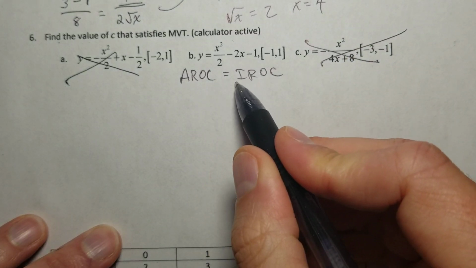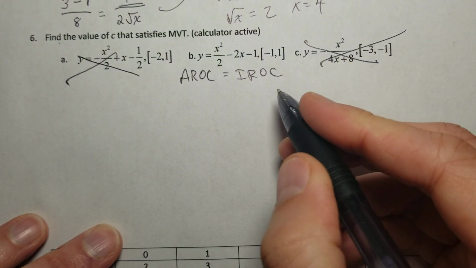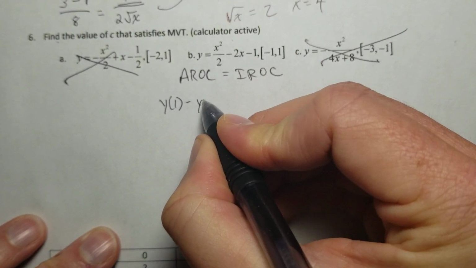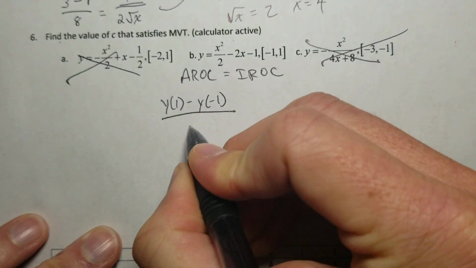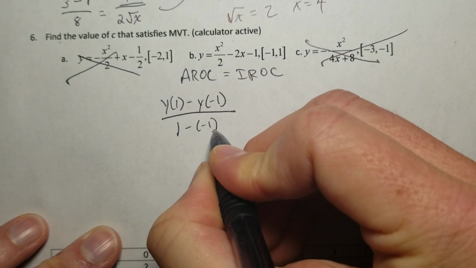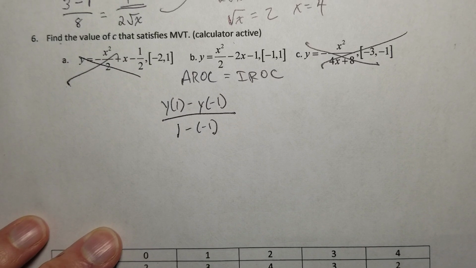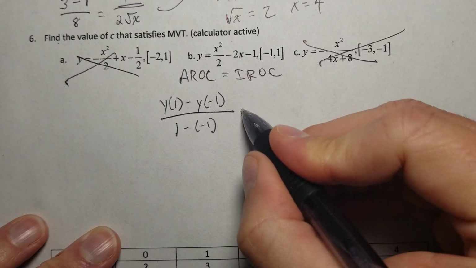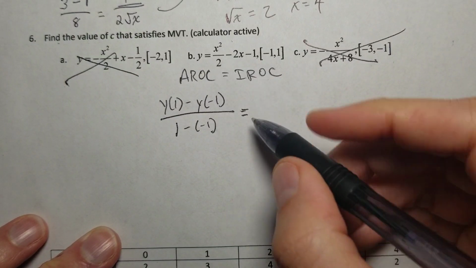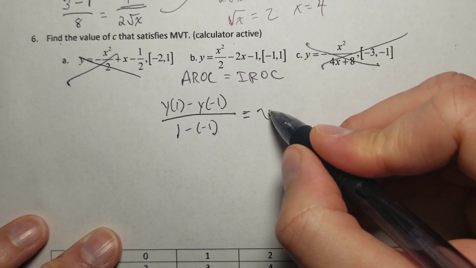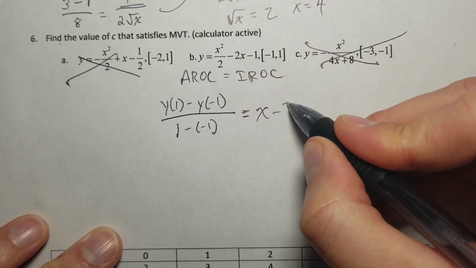So my average rate of change is going to be over the interval from -1 to 1. So I want y of 1 minus y of -1 all over 1 minus -1, average rate of change. And I want to set that equal to my IROC, my derivative. Let's see, x squared, that'll be just x, minus 2.